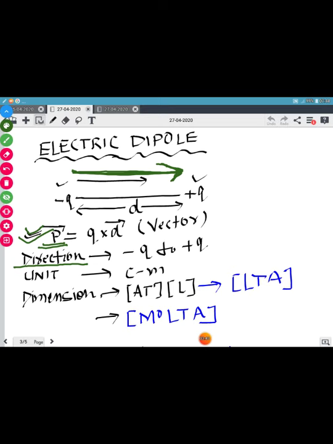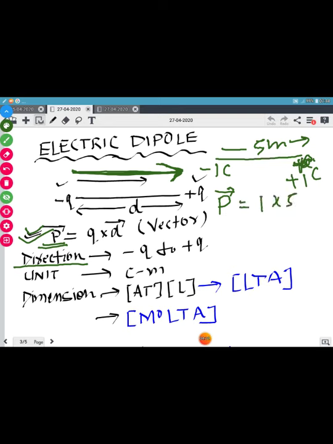Say for example, I have two equal and opposite charges, minus 1 coulomb and plus 1 coulomb, separated by 5 meter. So the electric dipole moment in this case is charge multiplied by distance, that is 5.